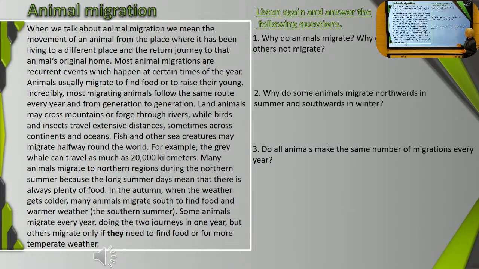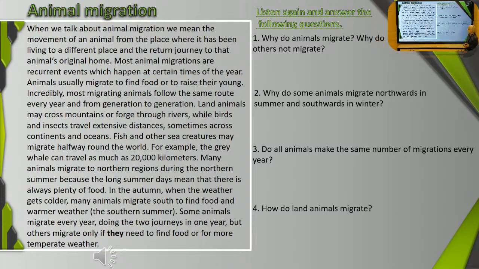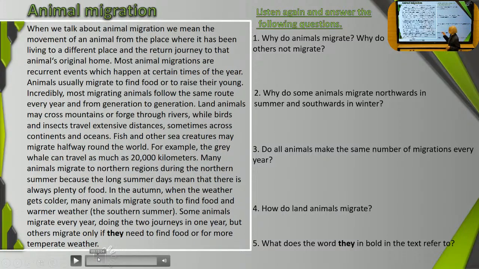Do all animals make the same number of migrations every year? How do land animals migrate? And the last question, what does the word they in bold in the text refer to? We are going to listen again to the text, then you have to find the answers.